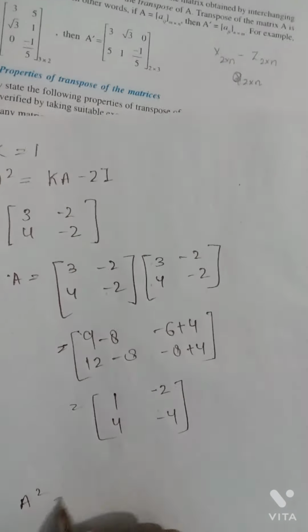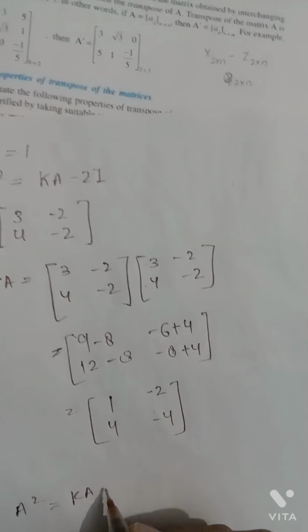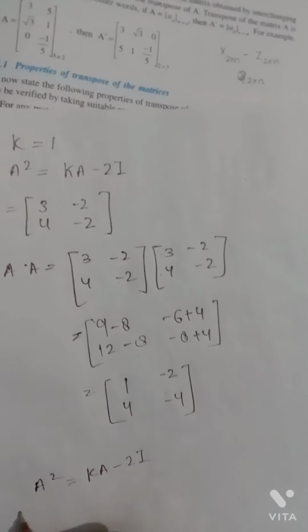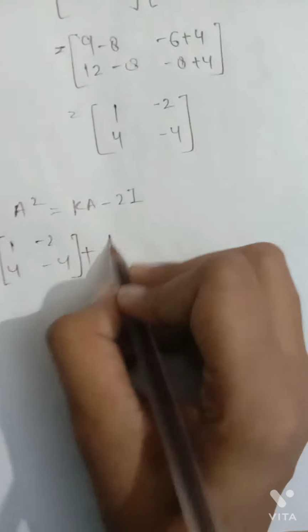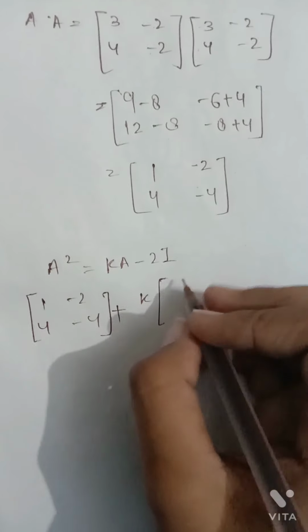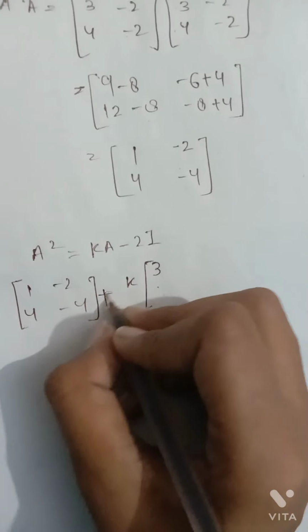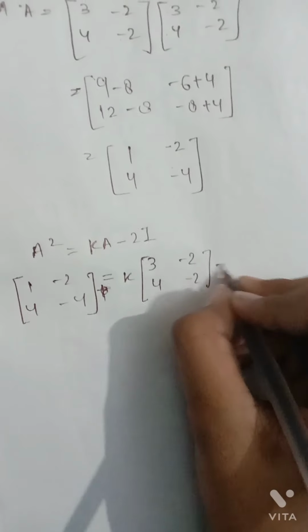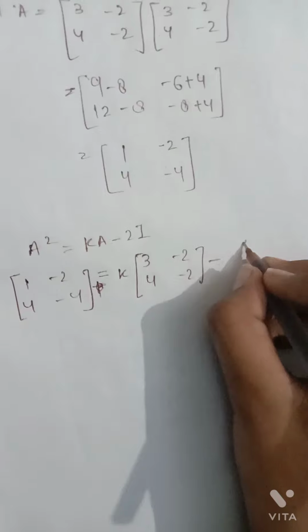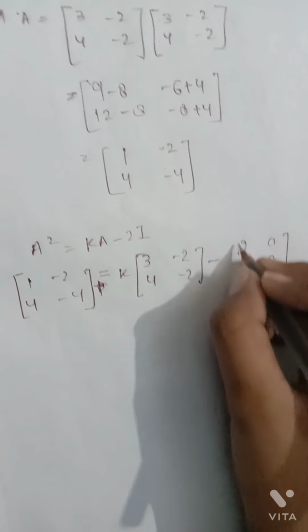So A square minus k into A is minus 2I. A square is 1, 4, minus 2, minus 4, plus k into A, and A is the given matrix 3, 4, minus 2, minus 2, plus 2 into identity matrix, which is 2 0 0 2.